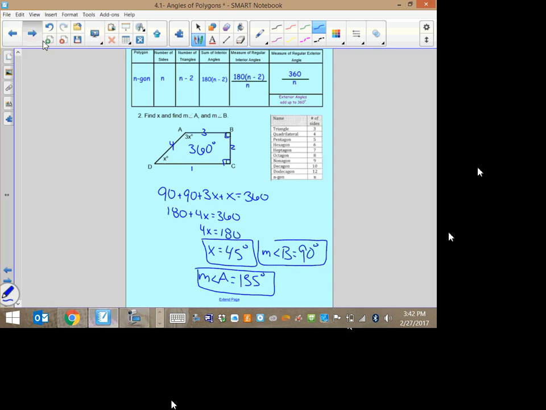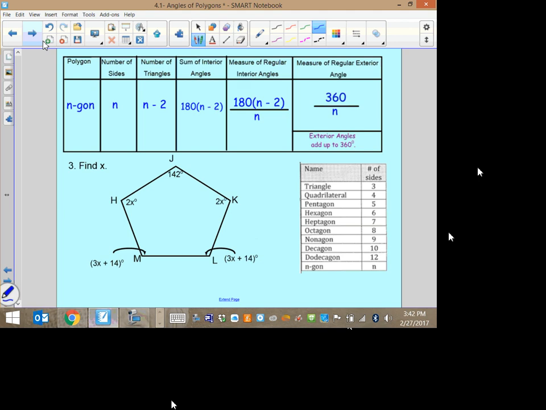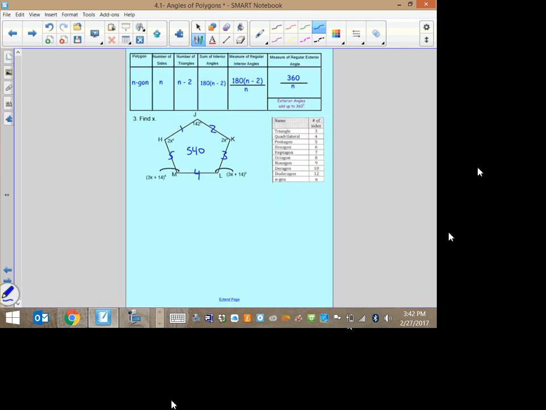Moving on to the next example, number 3. We have 5 sides here, 1, 2, 3, 4, 5. So the sum of those we know has to be 540. So combining all of these together, combining our x's, we will get 2x, 4x, 7x, 10x. And then combining 142, 14, and 14, and note these are both plus 14.